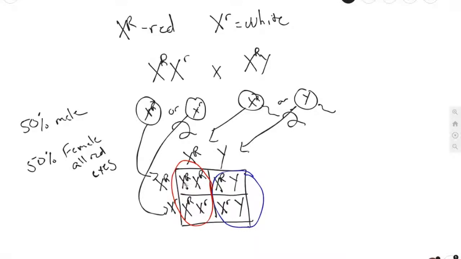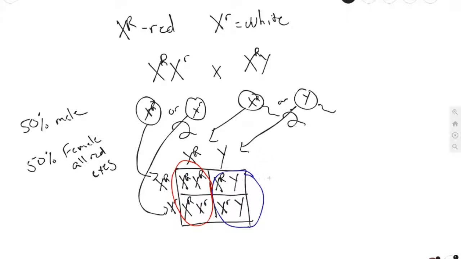One of them is homozygous dominant, the one on the top left here, X big R, X big R. And then one of them is heterozygous, X big R, X little r. But because she has this first X, this little r gets covered up. So females all had red eyes.